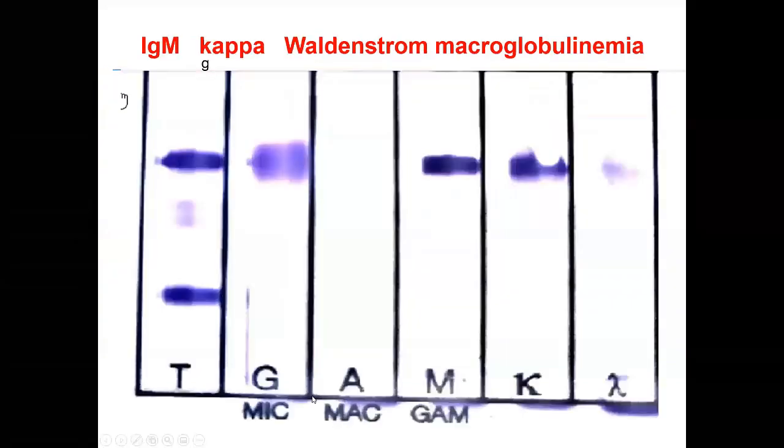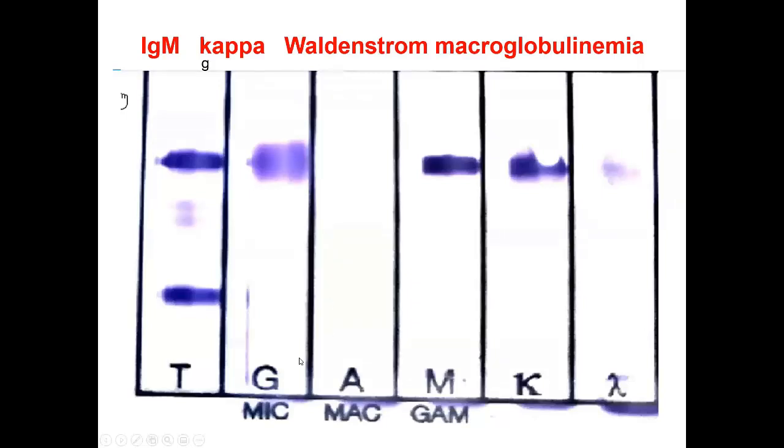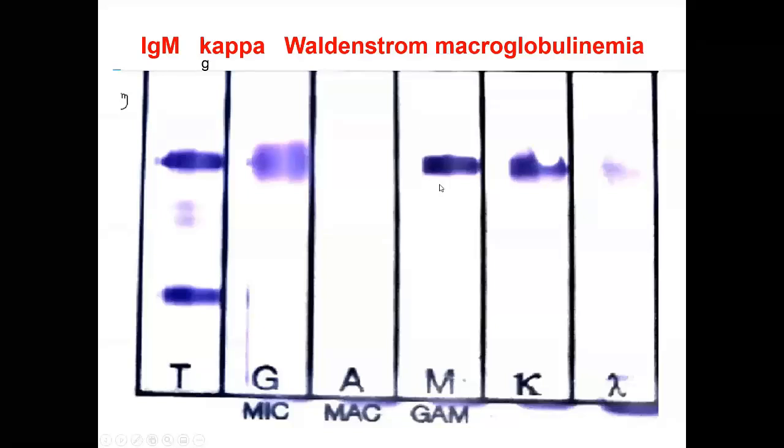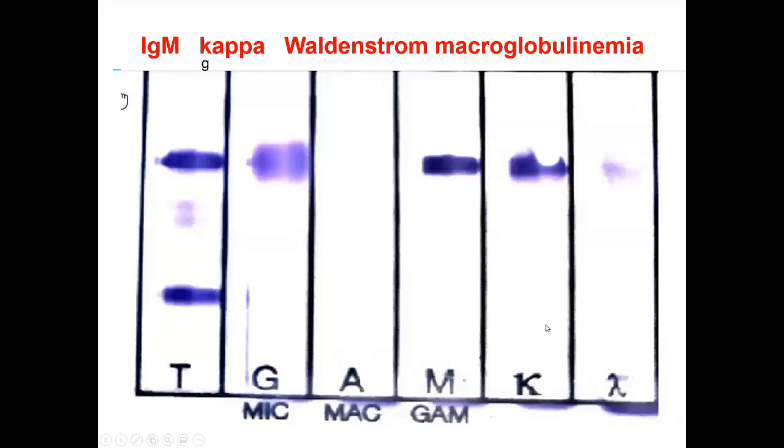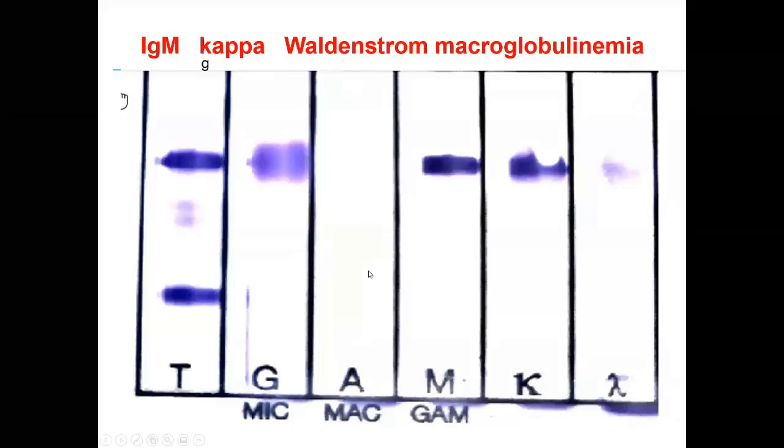That can be demonstrated by immunofixation electrophoresis. This is what the immunofixation is showing us. There is a very small band in IgG, but what we are finding is a dark, very important band in IgM. It is kappa positive only, lambda negative, confirming the clonal nature of these cells, which are secreting IgM of kappa type only.